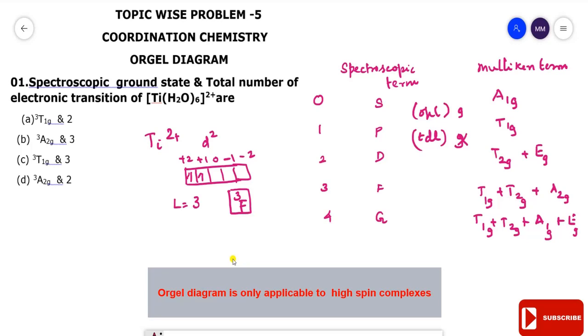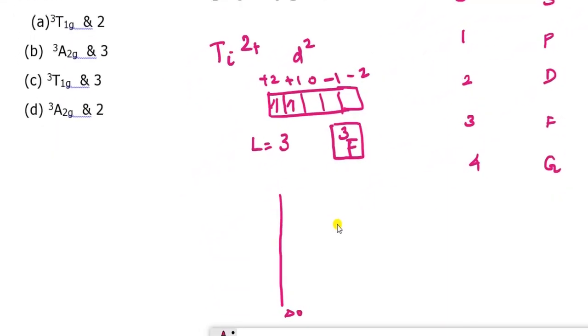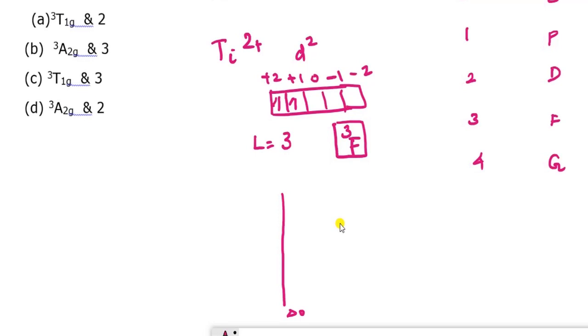Now the Orgel diagram workout. For the F term, what are the splitting terms? T1g, T2g and A2g. The energies are given. So in the octahedral, with delta-o value, the energy order is T1g, T2g and A2g. So for T1, T2 and A2, it is on the octahedral side.